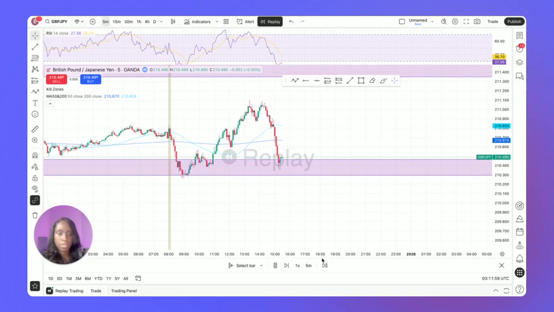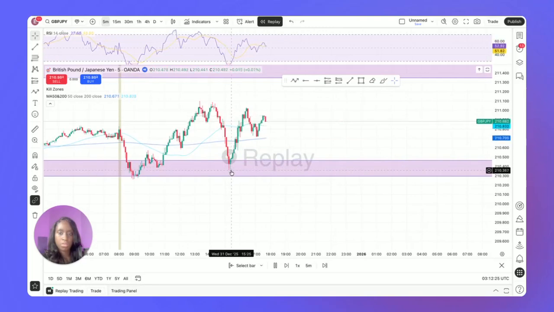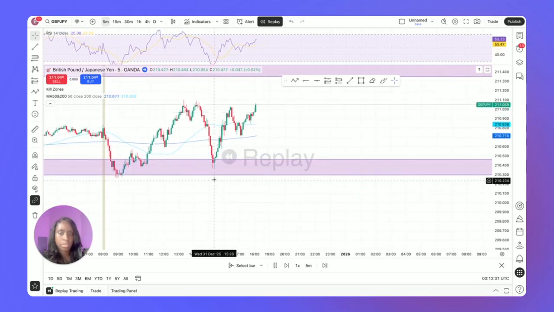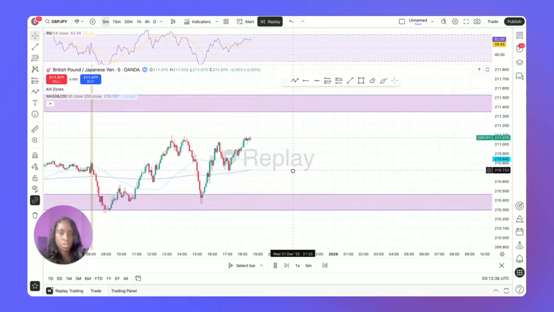That's when mistakes come in, and that's when it just gets ugly. Even if it comes into my zone, I still don't enter because that's not clear confirmation for me. It has to break below my zone or above my zone for me to enter.